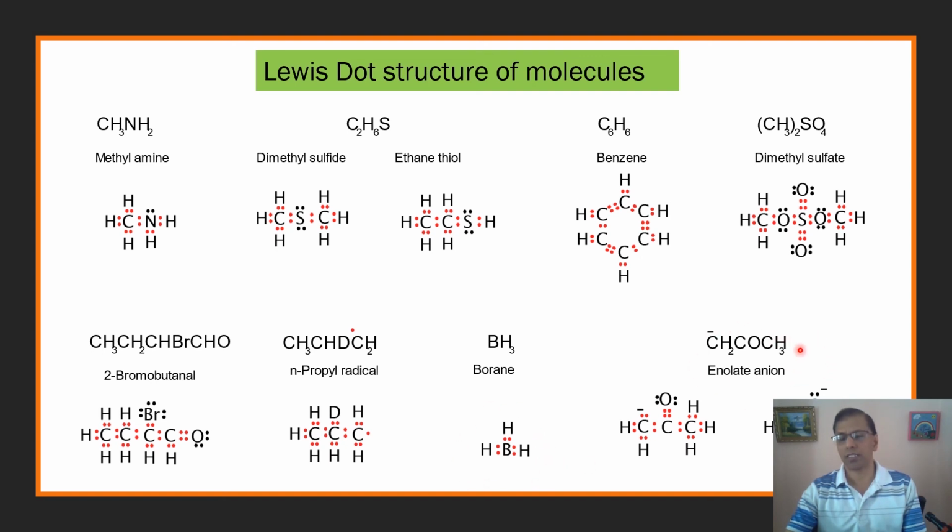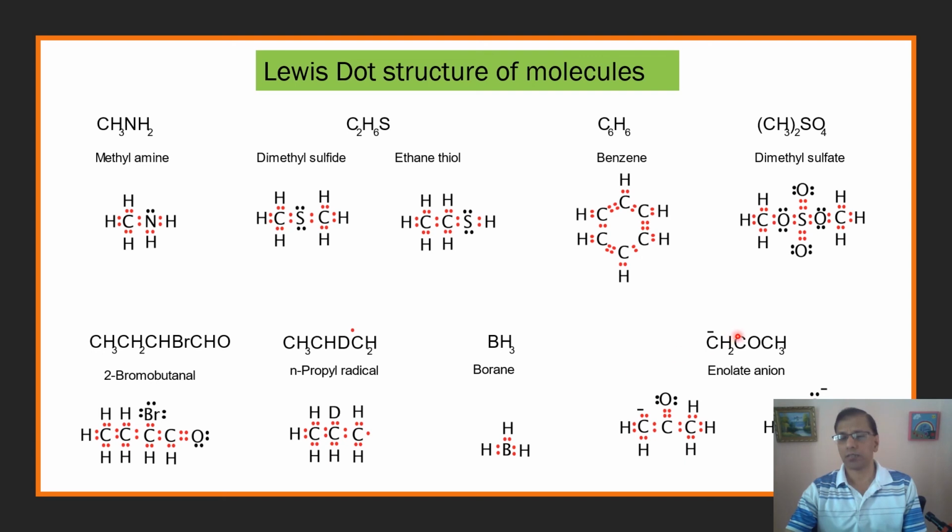In case of the enolate anion, the negative charge is right here on carbon. Let's consider this carbon atom, it has a complete octet. Let's consider this oxygen atom, it has a complete octet. So each of the atoms has a complete octet, and each of the hydrogens has a duet.